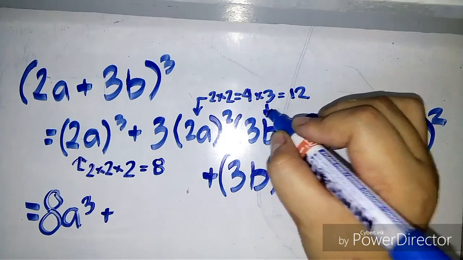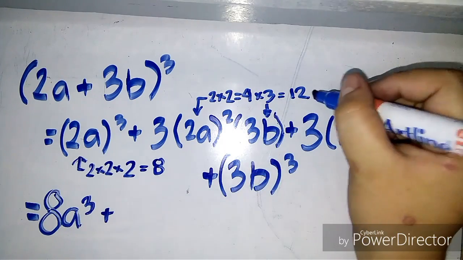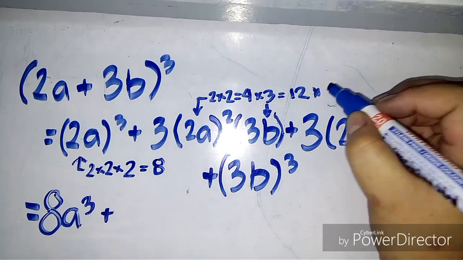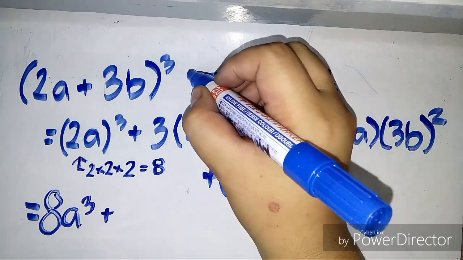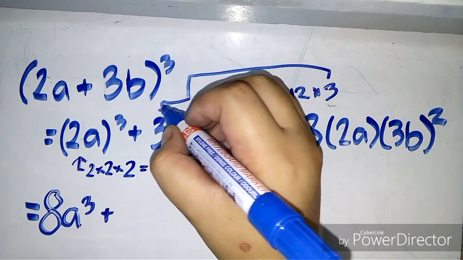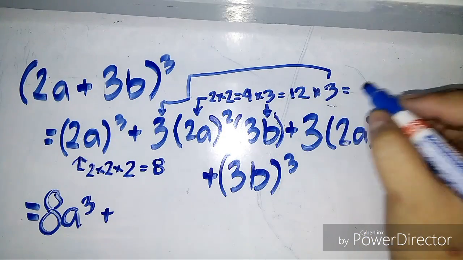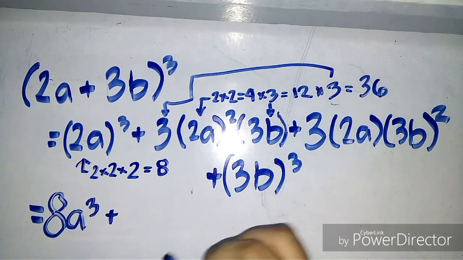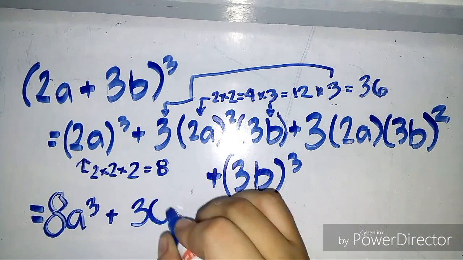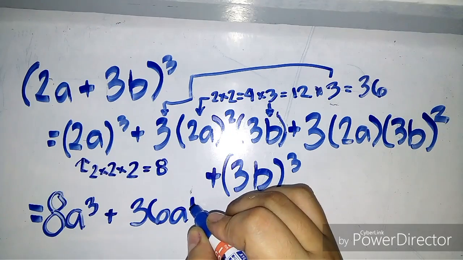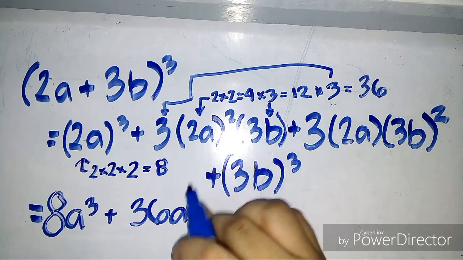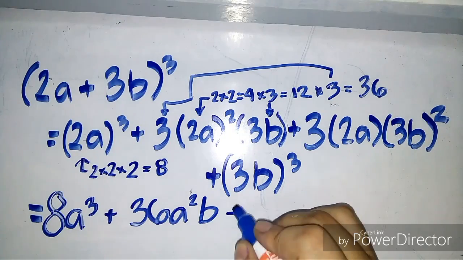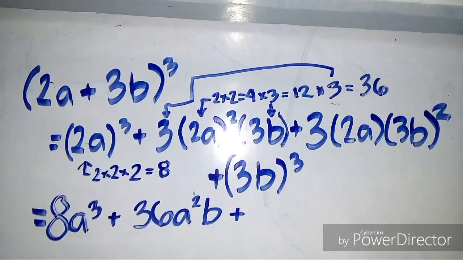We got our 3 over there at 3b. Then we're going to multiply 12 by 3 again, because we got the 3 from over there. So that would be 36. Please don't forget the variable and exponents, because if you forget even one of those, your answer would be incorrect.